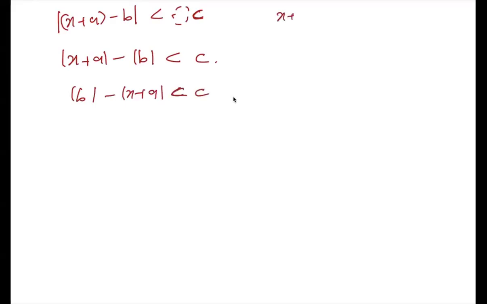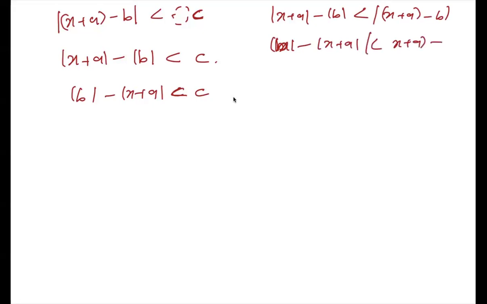Because we know that |x plus A| minus |B| is less than |x plus A minus B| from the triangle inequality, and also |B| minus |x plus A| is less than this, from the triangle inequality. Okay.